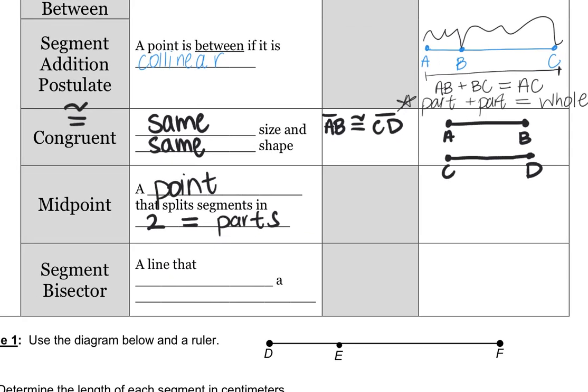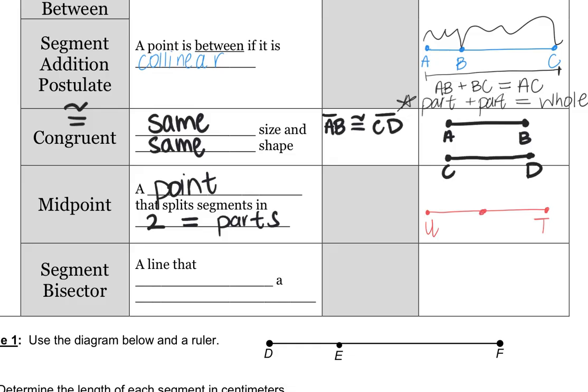So let's say I go from this point to this point right here. So I go from point U to point T. When I have a midpoint, it's a point directly in the middle of two other points. Let's go back. So it's right here.